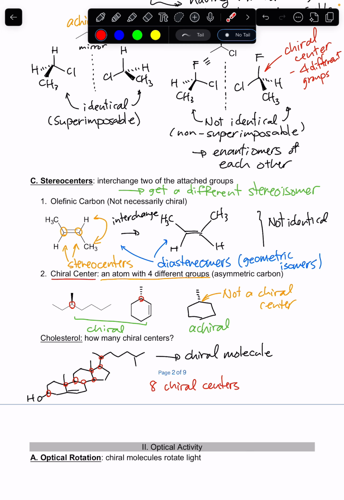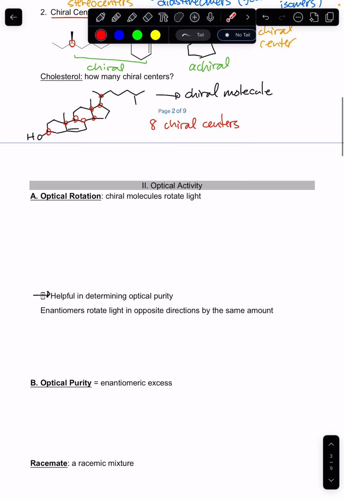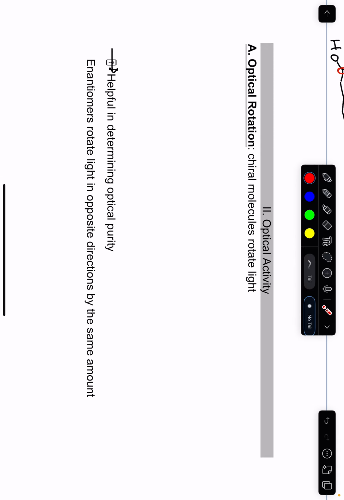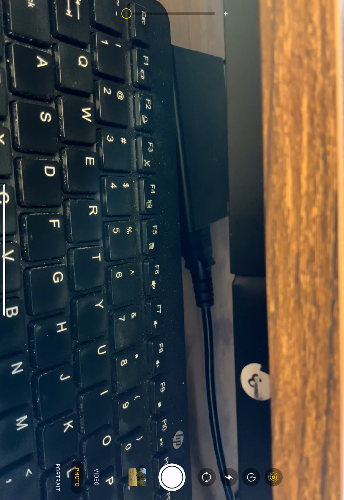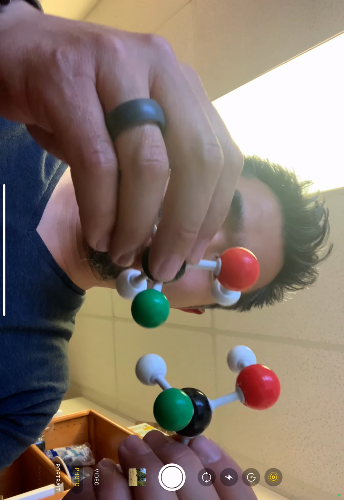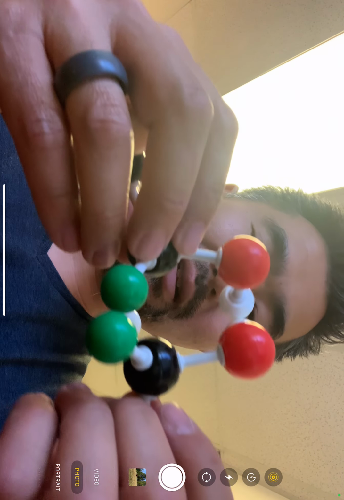We talked about examples of chiral centers, and it just occurred to me as I was thinking about that video that since I'm doing screen recording, I could have just done this to show you what I meant about the enantiomers.